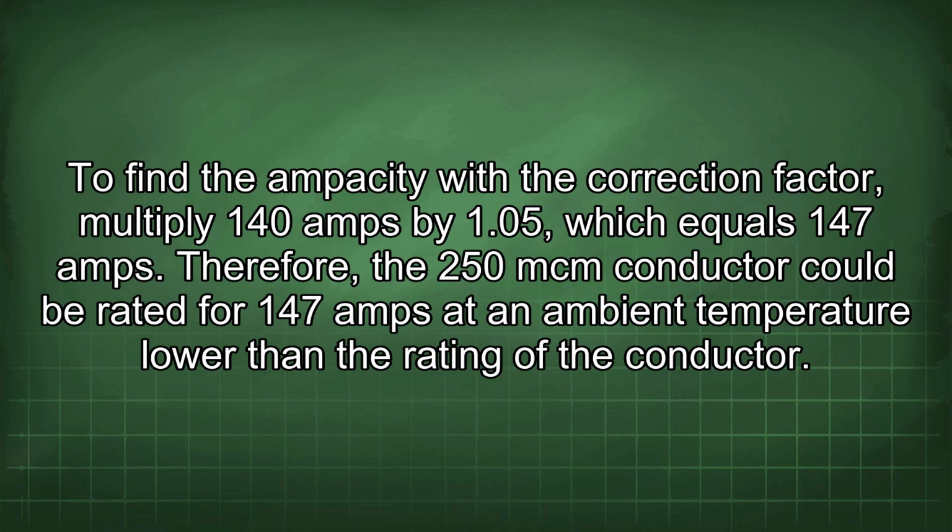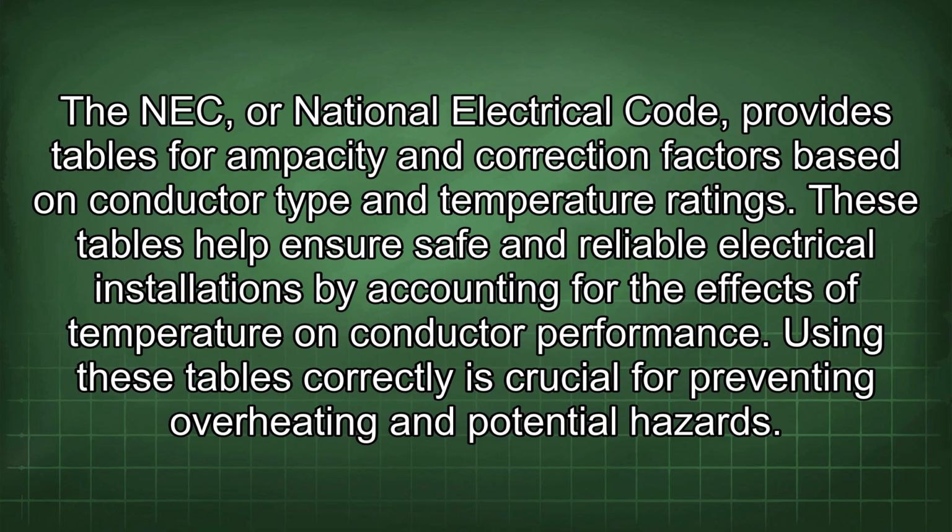The NEC, or National Electrical Code, provides tables for ampacity and correction factors based on conductor type and temperature ratings. These tables help ensure safe and reliable electrical installations by accounting for the effects of temperature on conductor performance. Using these tables correctly is crucial for preventing overheating and potential hazards.